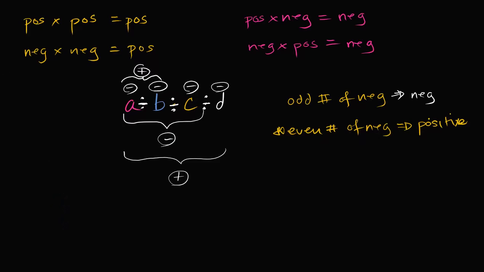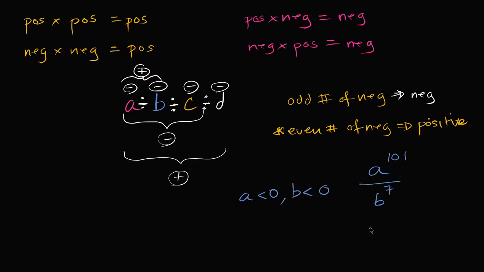Now let's do something. And we could do it other ways. We could say something like this. Let me try another one. What if I tell you that a is less than 0 and b is also less than 0? And if I had a to the 101 power divided by b to the 7th power, what would this expression be? Would it be positive or negative?